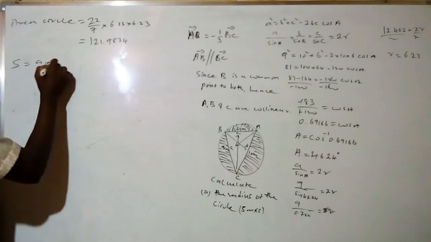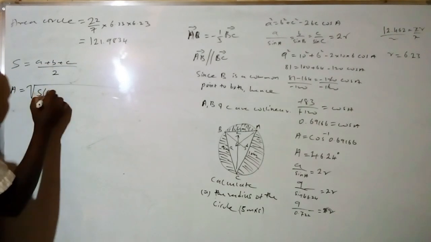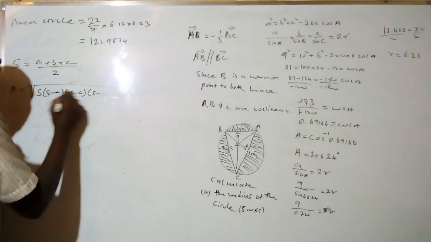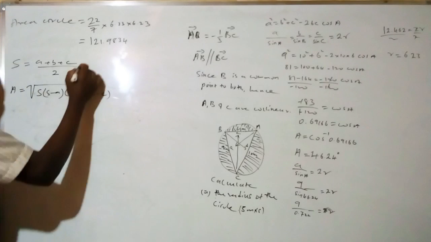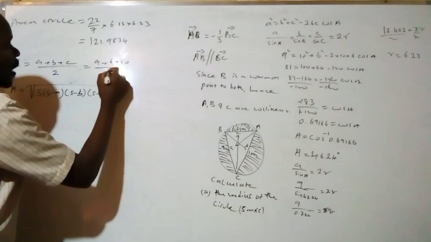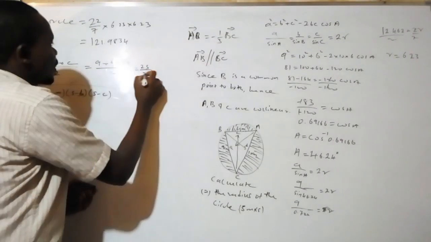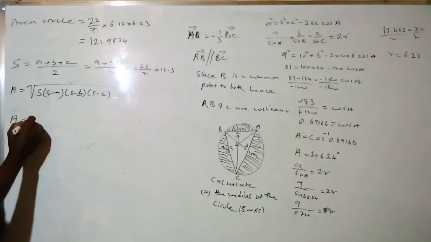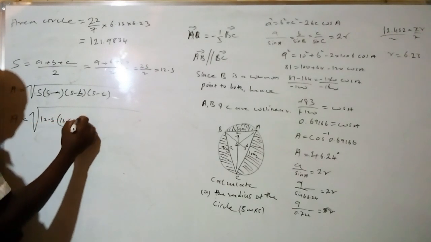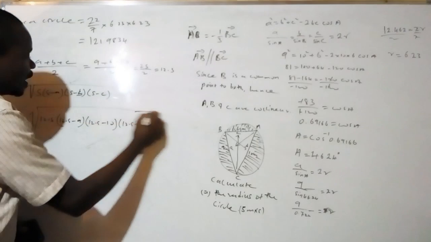Thereafter, area is equal to the root of S times S minus A, S minus B, S minus C. S is 9 plus 6 plus 10, divided by 2. 15 plus 10 is 25 over 2, which is 12.5. The area is the root of 12.5, 12.5 minus 9, 12.5 minus 10, 12.5 minus 6.